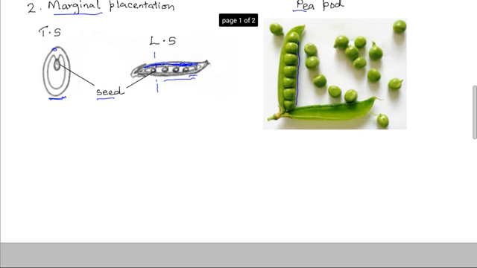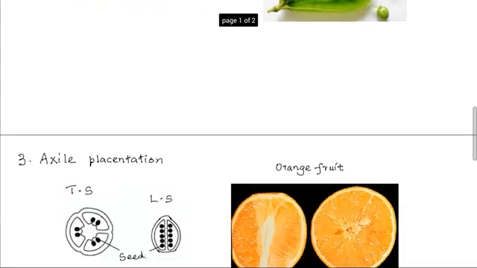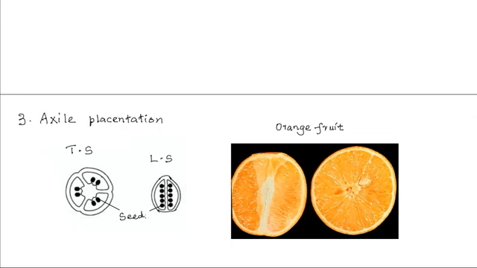Thirdly, we have the axial placentation. In axial placentation, there are several ovaries or carpels that are fused. So axial placentation arises from a syncarpous gynoecium, in which there are several carpels that fuse together to form a central placenta in the axis formed by the carpels.